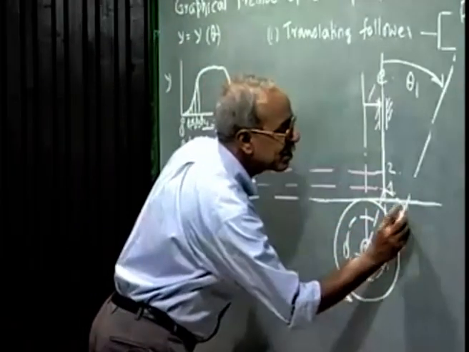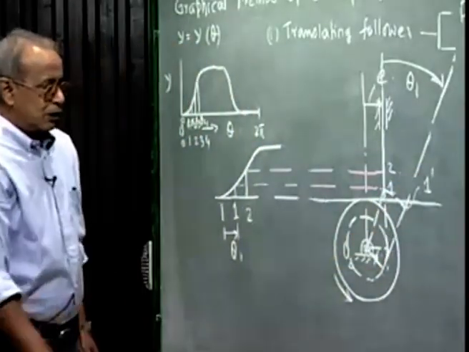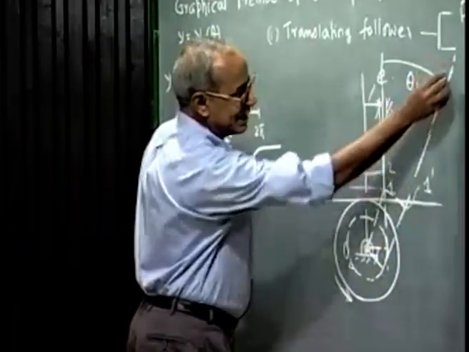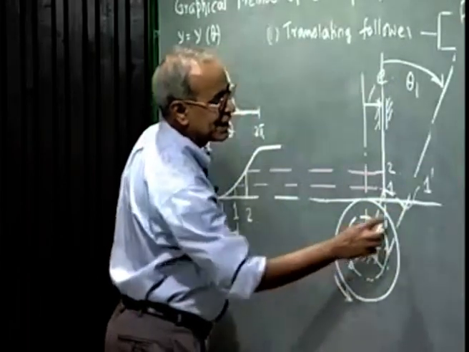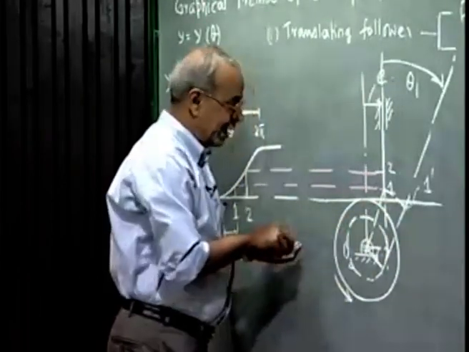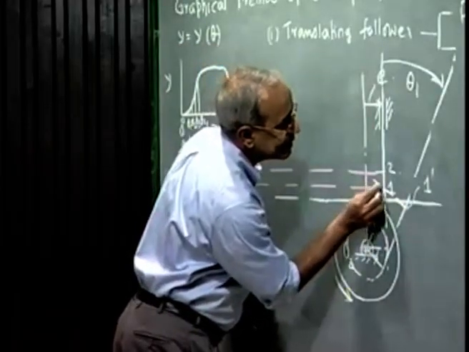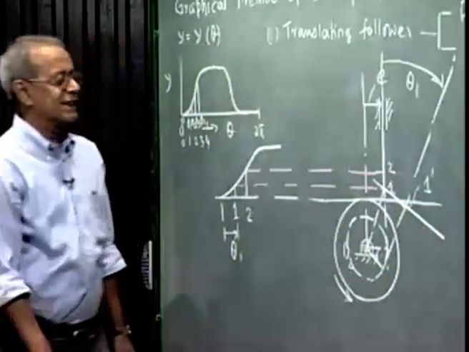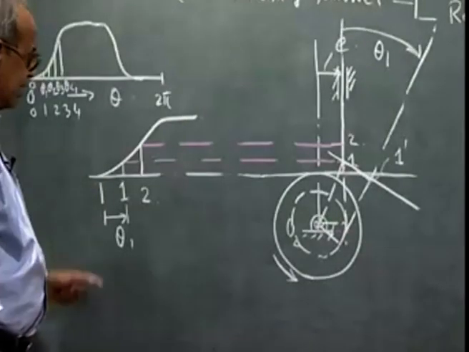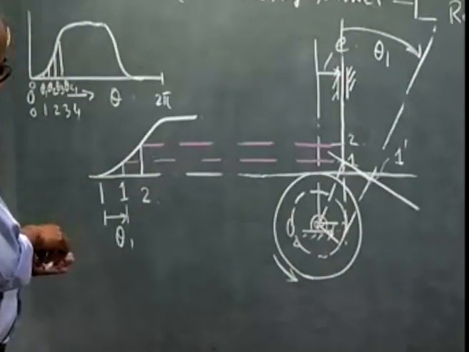I give it a name, say 1 prime. This is the follower axis, so the follower face is perpendicular to that, at this distance. So, I draw a line perpendicular to the follower axis. This line represents the follower face after kinematic inversion corresponding to station point 1.